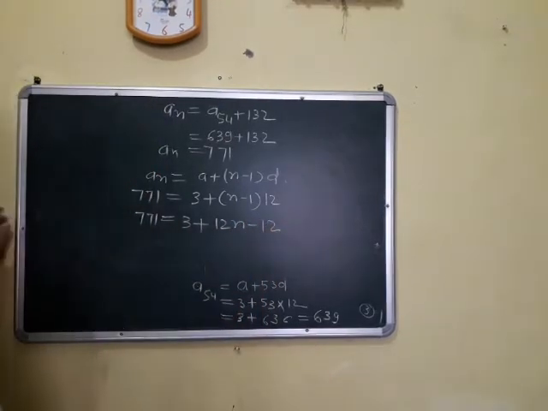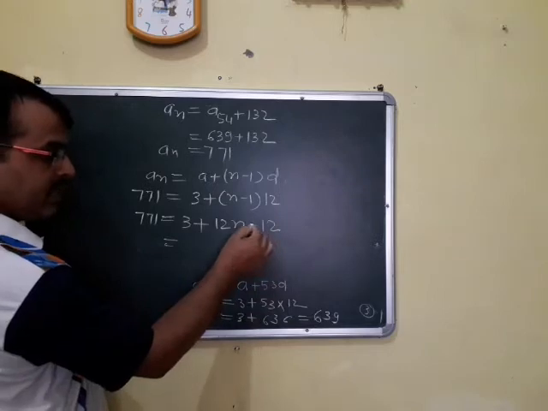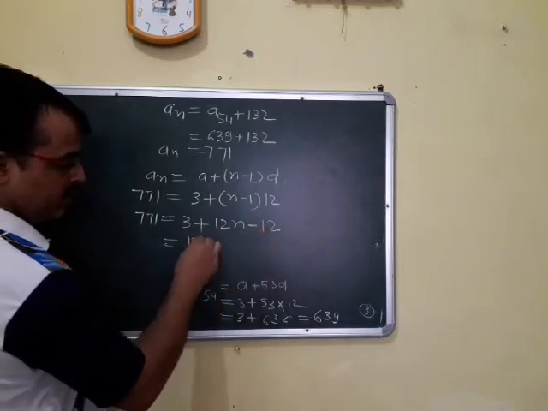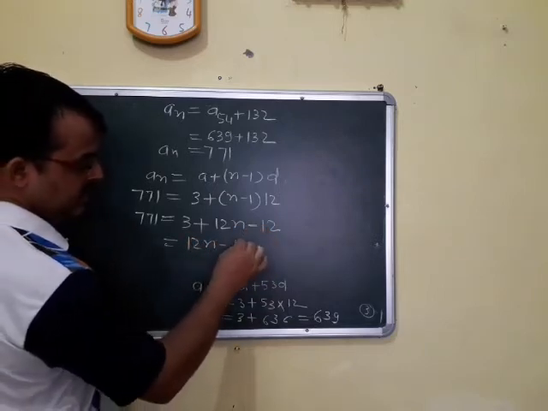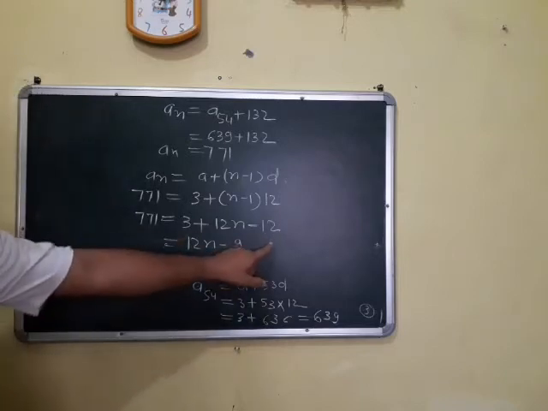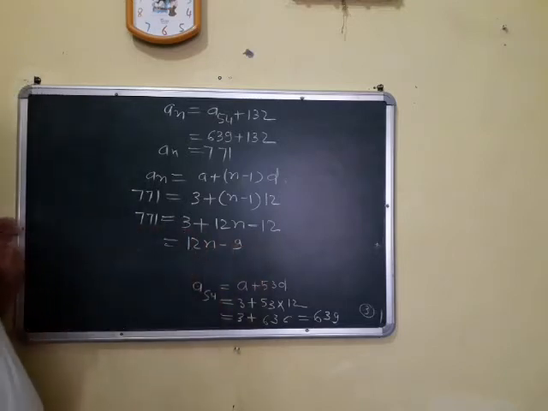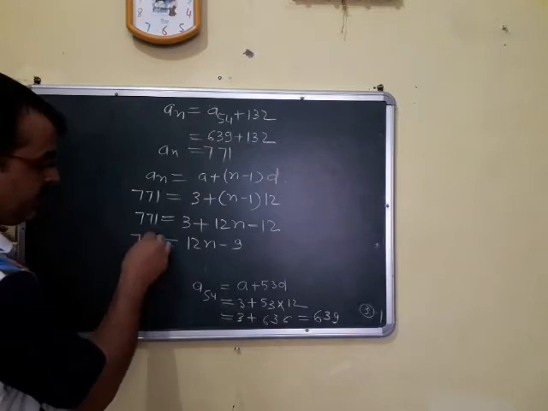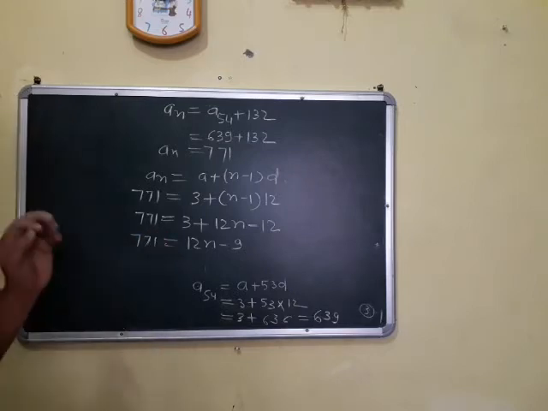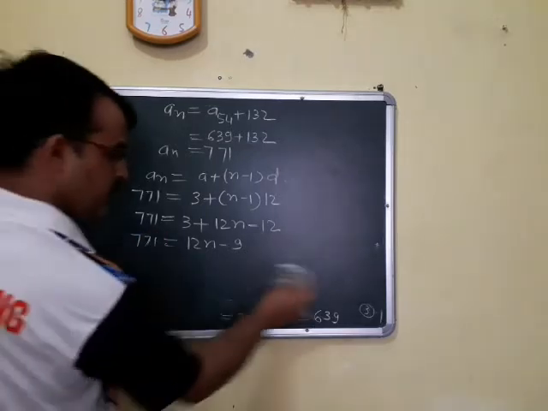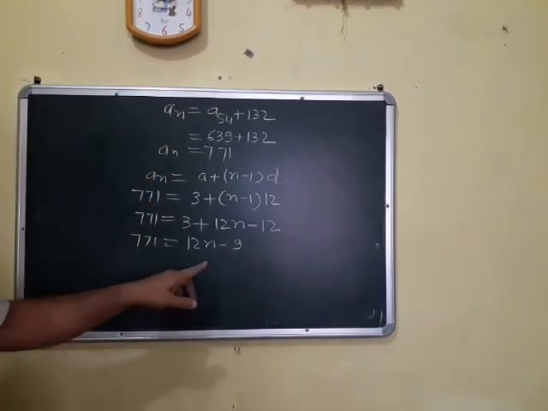Clear? So look here, the minus portion is greater, so 12n minus 9. 12 minus 3, we get here 9. Clear? 771. Now, what do we get here?